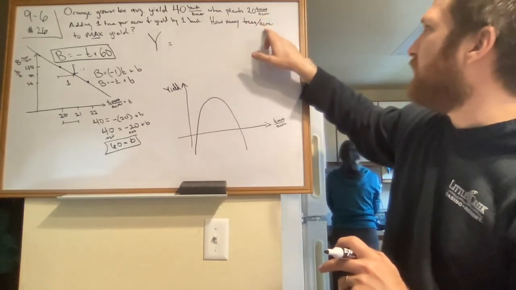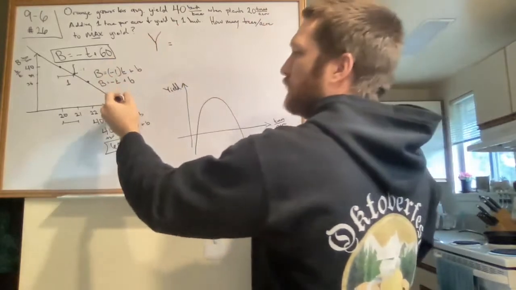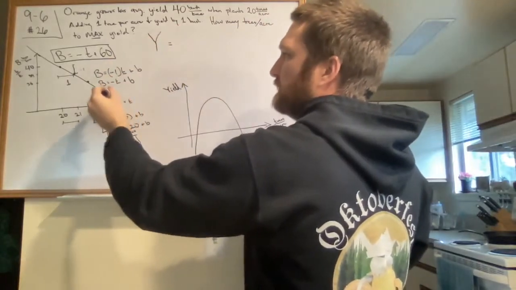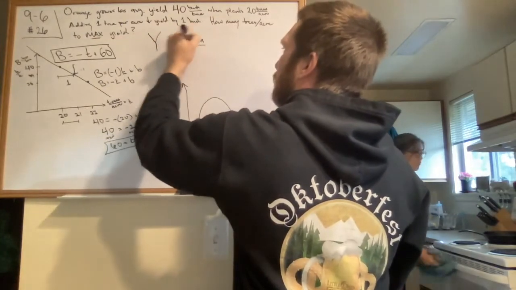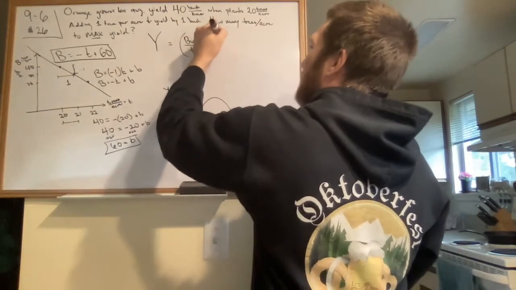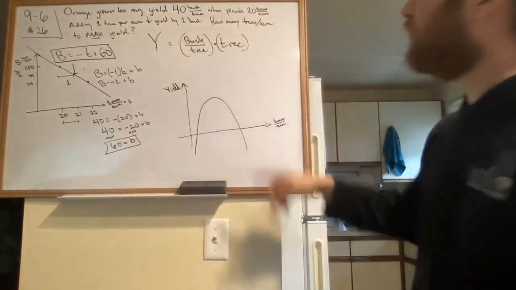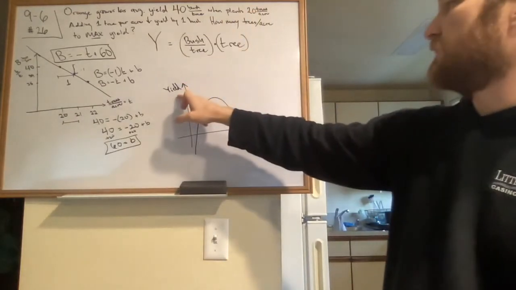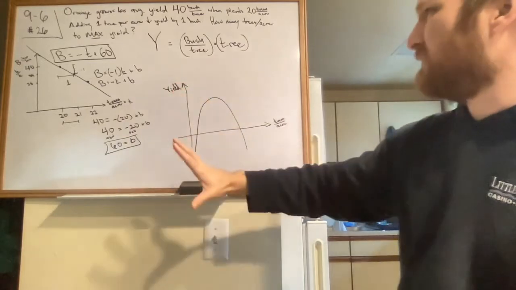Trees per acre is my input. My output is bushels per tree times number of trees. I should get my total number of bushels. That is my yield right there. Does that make sense? Let's think about this.